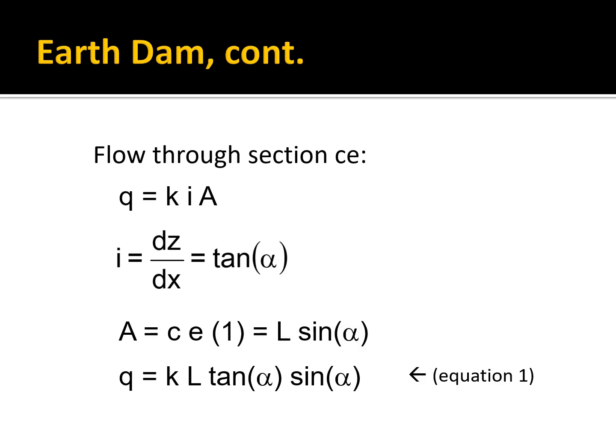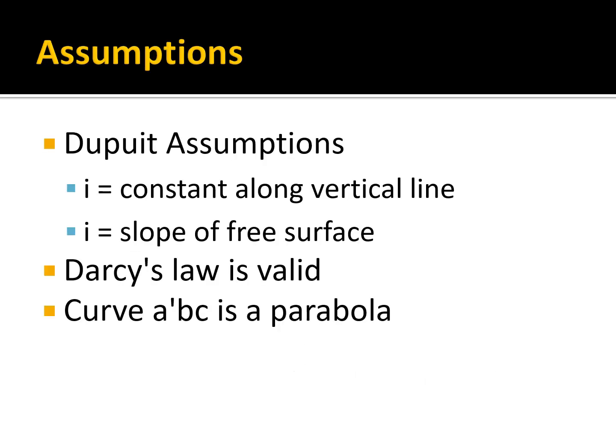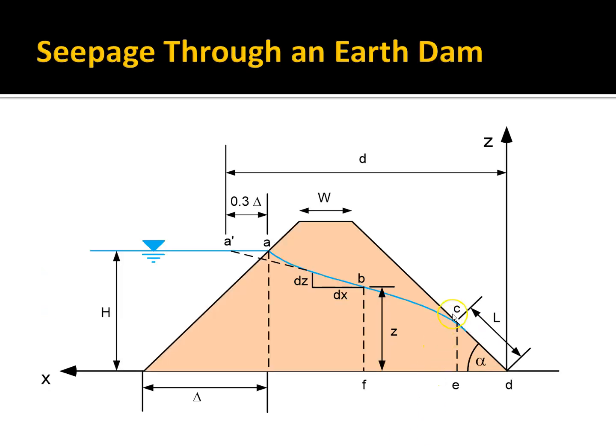And the area is CE times 1. So the cross-sectional area of flow is the height along this CE line times the 1 unit in the dimension perpendicular to the screen. So what is the height of that line? Well, using trigonometry, if you treat this as a triangle, L times the sine of alpha gives you this height right here.